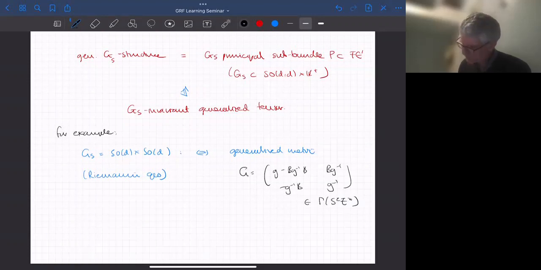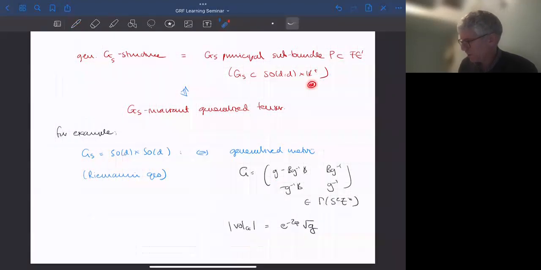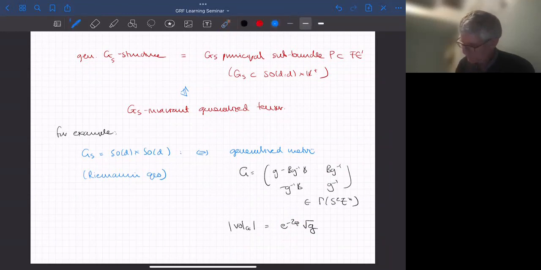But also because we have to fix the R plus action, it also determines something, let's call it some volume form, which is e to the -2 phi times the square root of G. So by fixing some structure in this slightly larger group, we get both the ordinary generalized metric, which is encoding the metric and a B field, but you also get something which fixes where you are in the R plus direction, and that's encoding the dilaton. So this is some section of the determinant bundle.